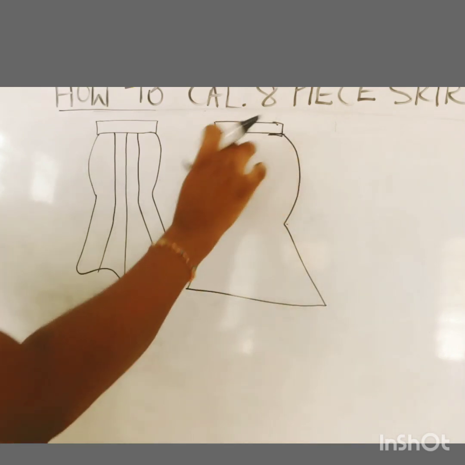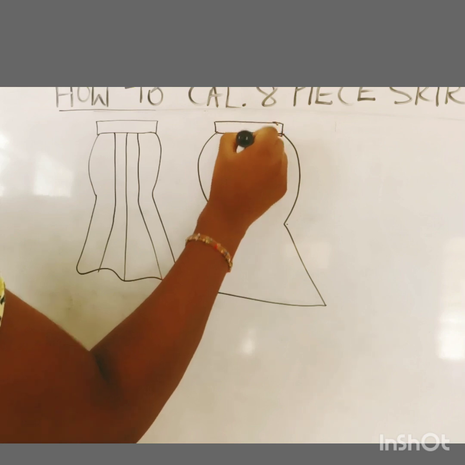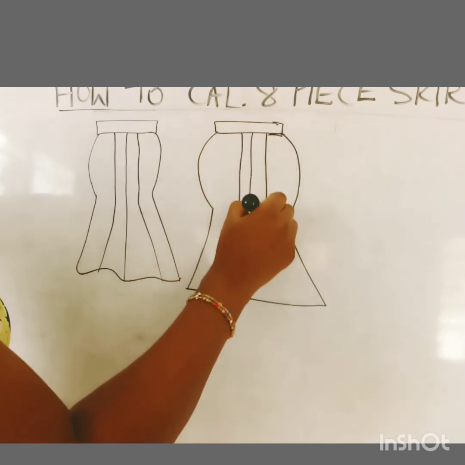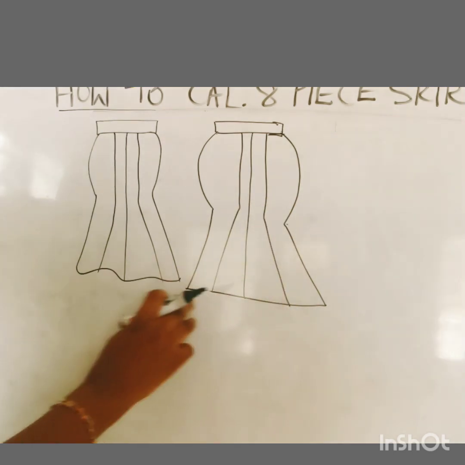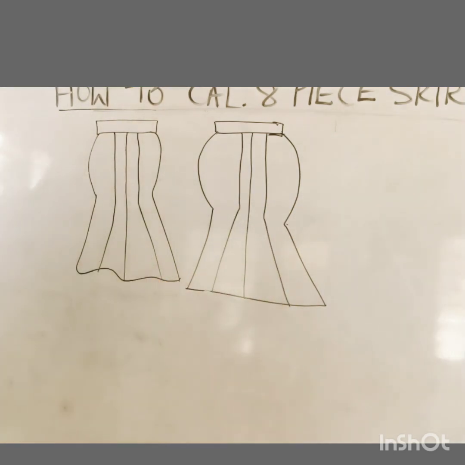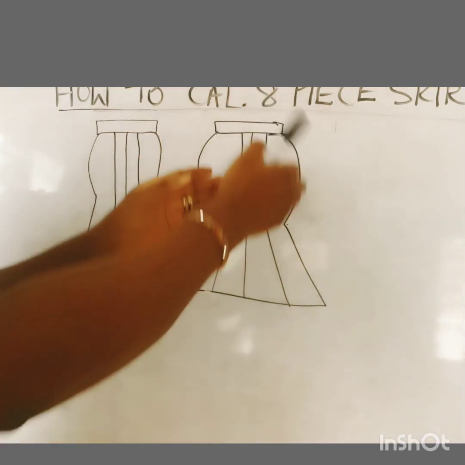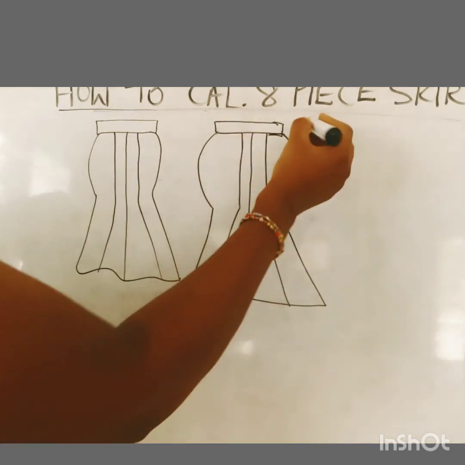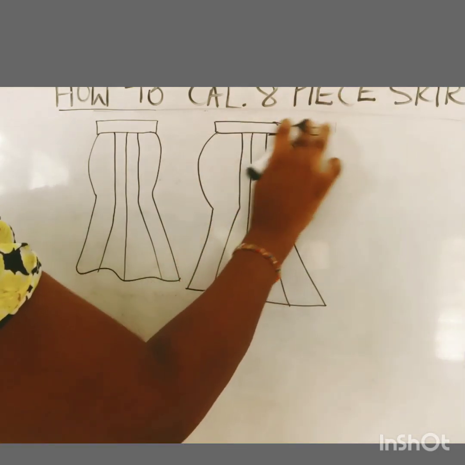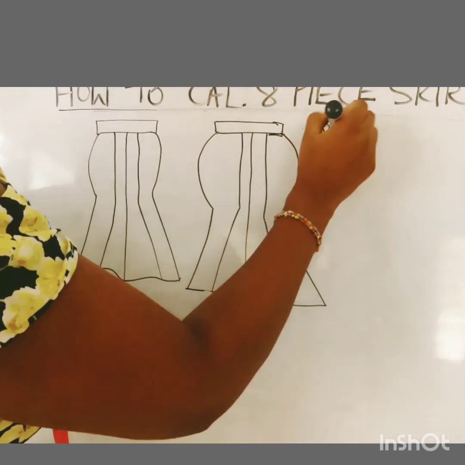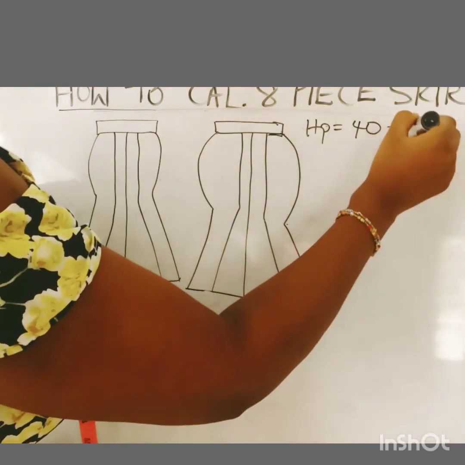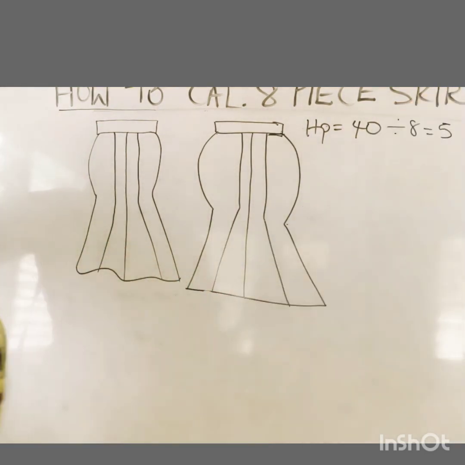There is a big bum, so that's expanded. To accommodate this bum, and there's no bum in front, remember we are working, let's say the hip is 40, and we have said that this 40 we should divide by 8, and each panel will be 5.